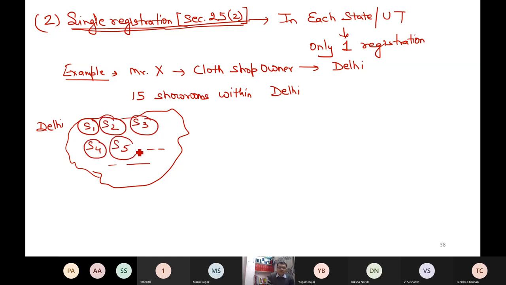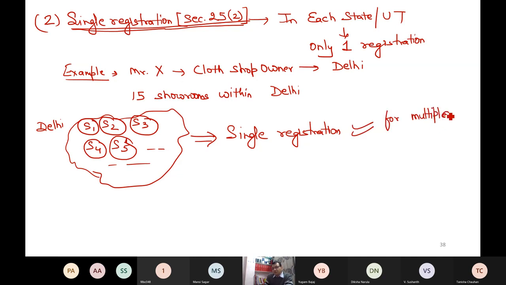Answer yes or no. The answer is no. As per section 25(2), single registration is required for multiple places of business within the same state or UT. Single registration. However, now this is the concept.